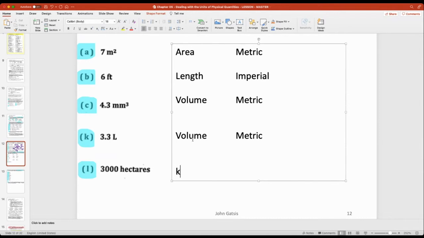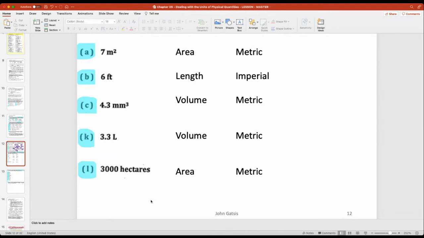Hectares is an area. We talked about that before. Thank you for that one earlier. But is that metric or imperial? Yeah, it's metric. Hectares is metric.